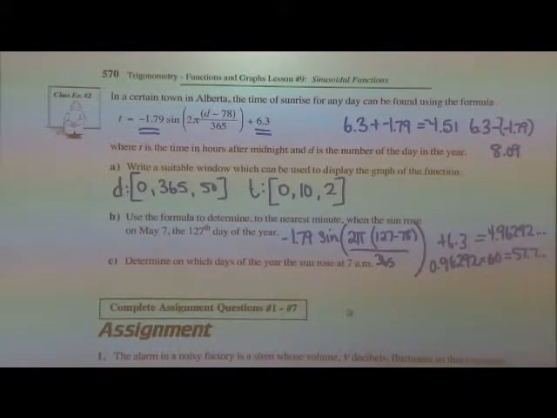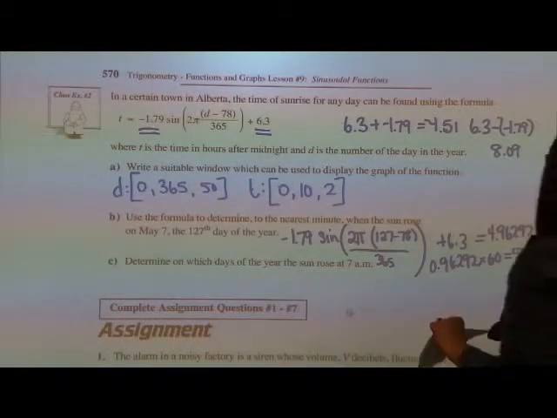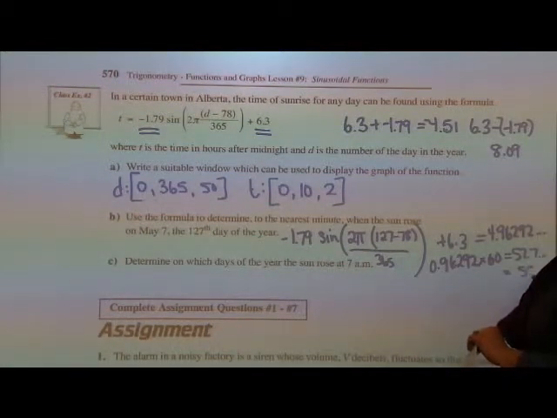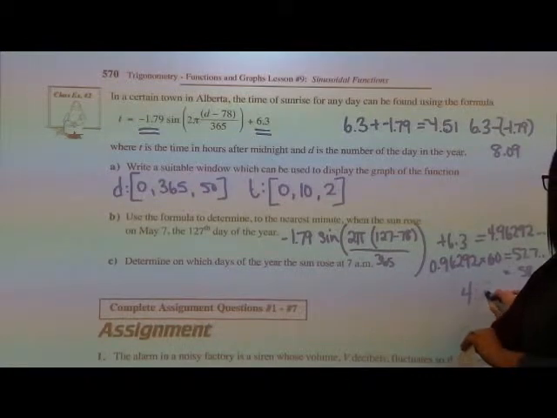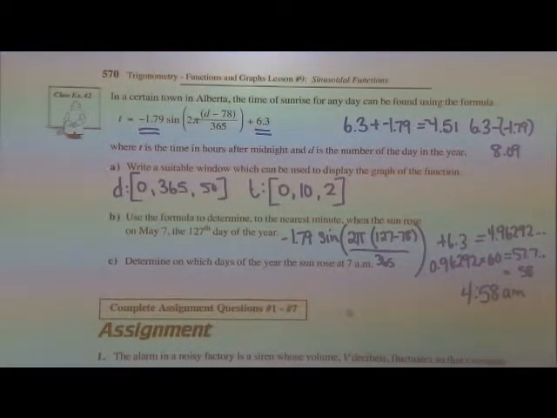Okay. In this case, would I round down to 57 or would I round it up to 58? Will the sun begin to rise at 57? No, so I have to bring this up to 58. So the sun rises at 4:58 a.m.